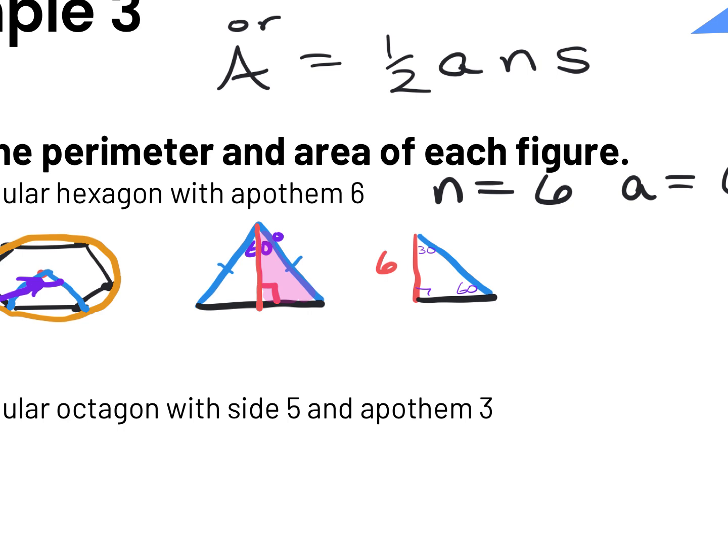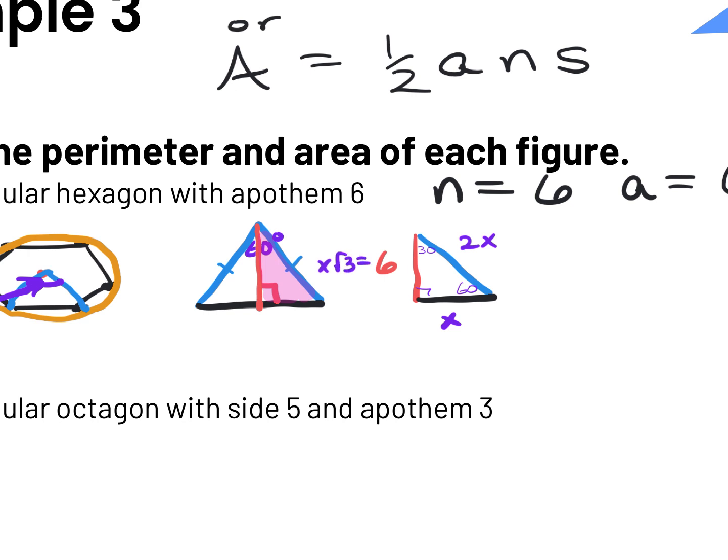So now you're going to bring back your knowledge of special right triangles. When we did this in the special right triangle lesson, I used the variable a. I'm going to use the variable x so I don't confuse it with my a, which represents my apothem. So across from 30 will be x, across from the hypotenuse is 2x, and across from the 60 is going to be x square root 3.